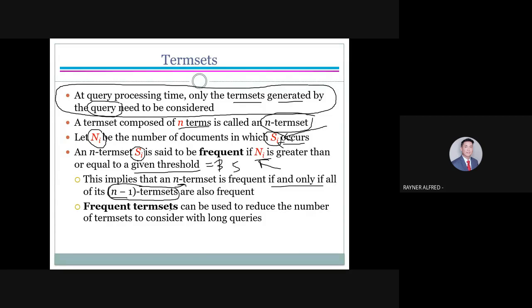Because sometimes we focus on sets of terms that occur at a certain level or certain frequency only. So we want to remove the other term sets that are not frequent. This is used to reduce the number of term sets to be considered for ranking.